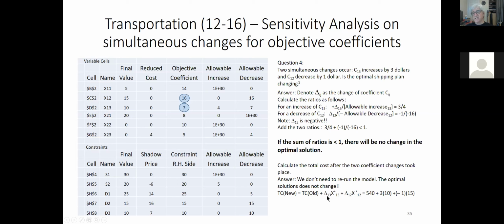This is the first change, plus 3. It's applied to 10 units that are shipped. Here is a decrease of $1 applied to 15 units that are shipped. The total is the new total cost. And that's how you deal with multiple changes for objective coefficients.